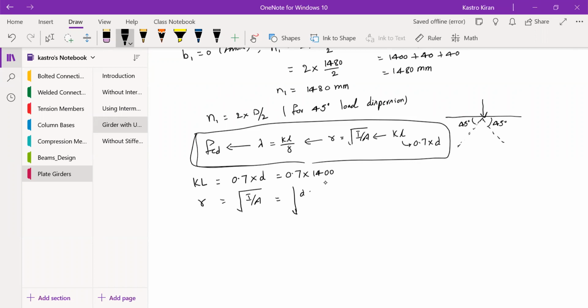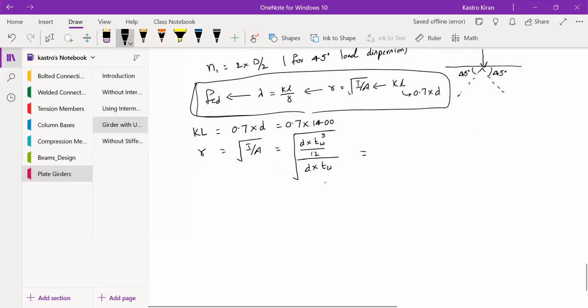So it is taken as D, that is depth of the web, into thickness of the web cube, divided by 12, whole divided by area of the web. How will you find out the area of the web? It is depth into thickness of the web. So from this you can find out the value of r, that is radius of gyration.